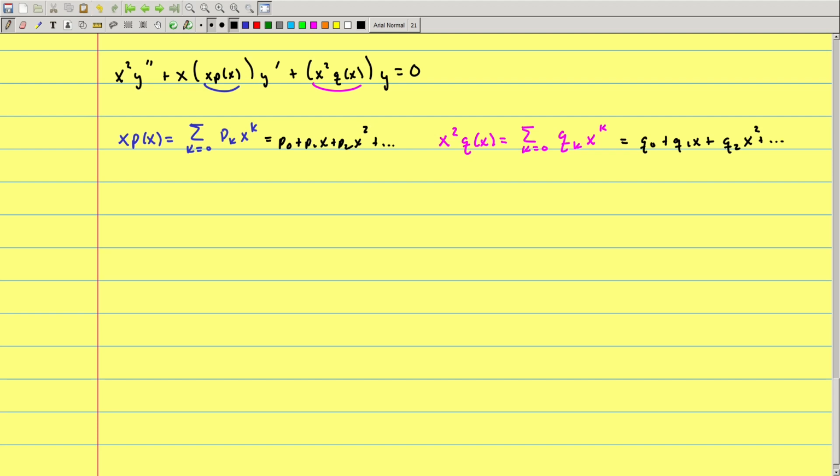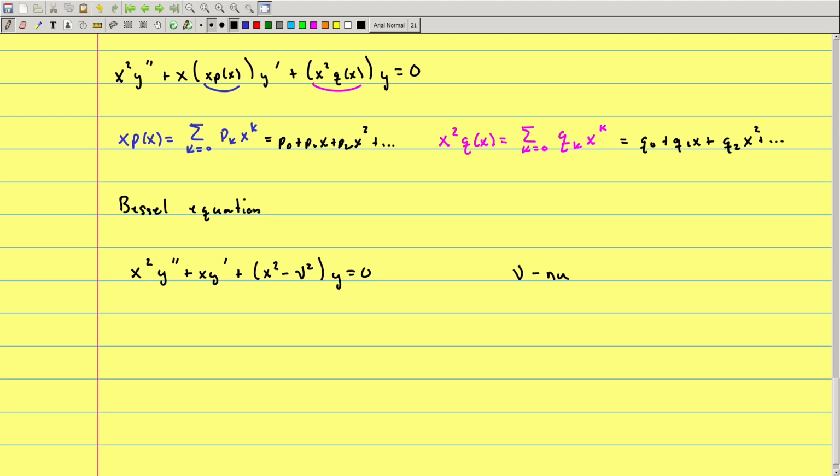if we want to talk about a Bessel equation, a Bessel equation is a differential equation that has this form. Okay.